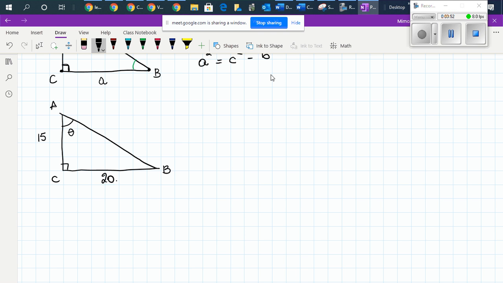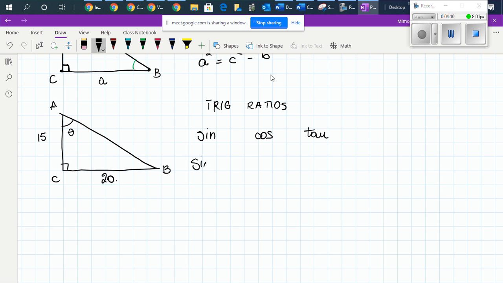So now in order to solve for this, we will use those that are known as the trig ratios. There are three trig ratios: sine, cosine, and tangent.